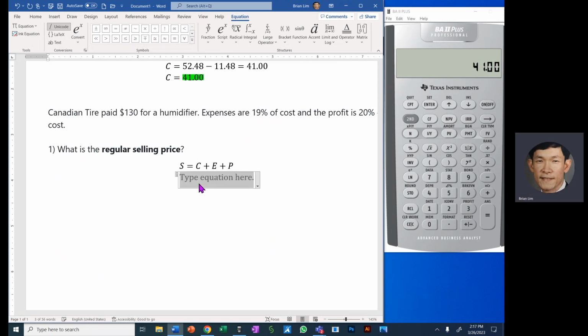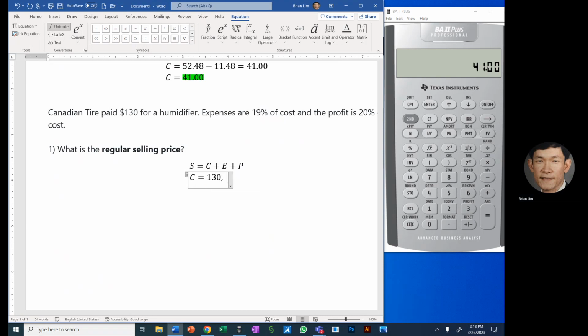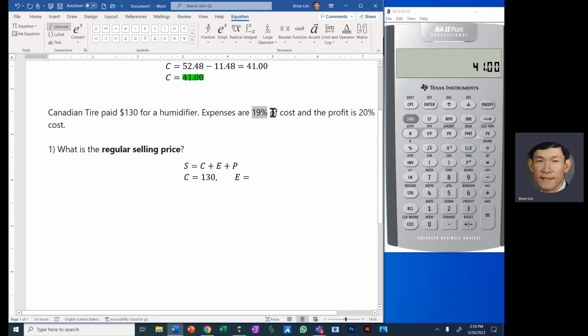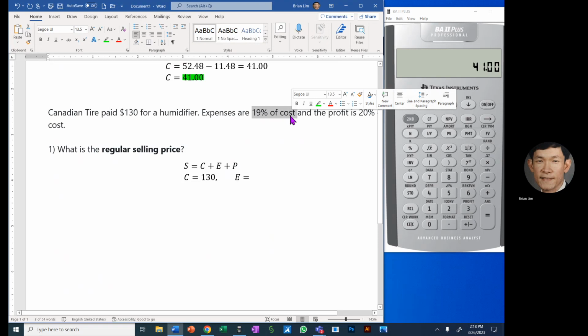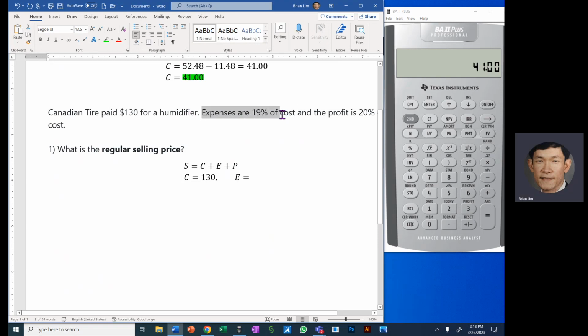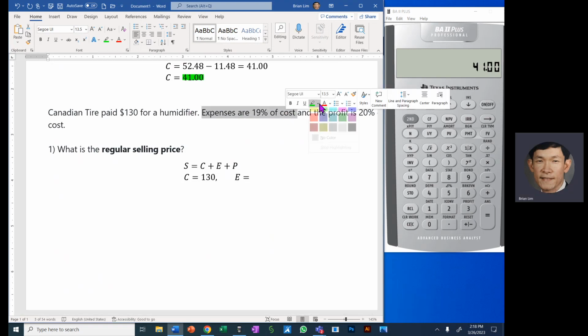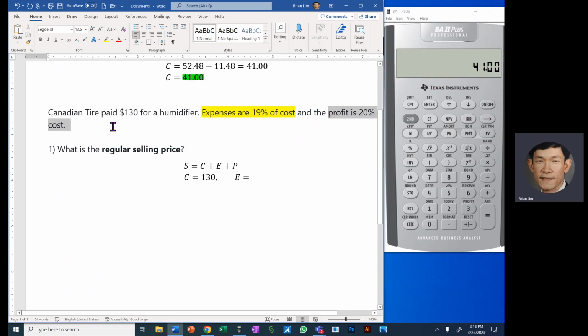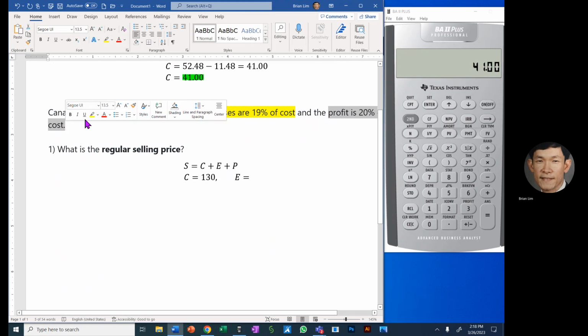All right, so what are these numbers? Well, the cost is $130. The expenses is equal to 19% of cost, right? So that's the expenses, it's 19% of cost. And we have the profit is 20% of cost. Okay, so there we are.